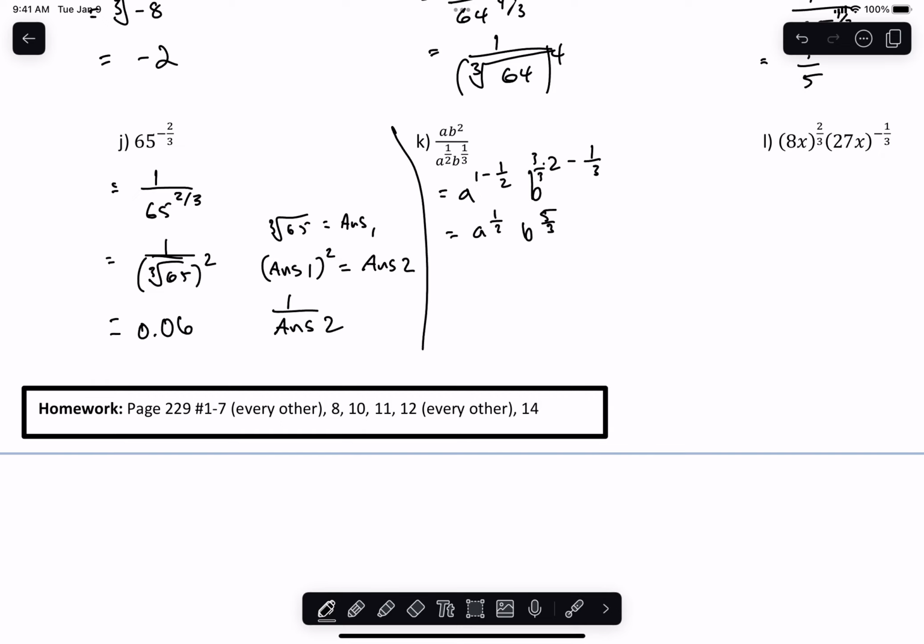And so maybe a final way to write this just so that you've seen it. I'm kind of okay with that. That's simplified. Another way that would be acceptable too would be the square root of a multiplied by the cubed root of b to the power of, all raised to the power of 5, I guess.